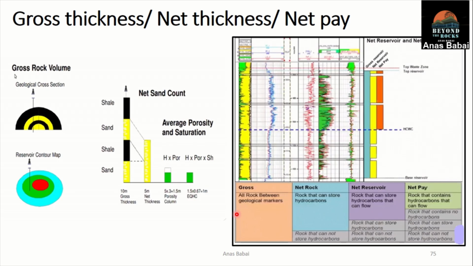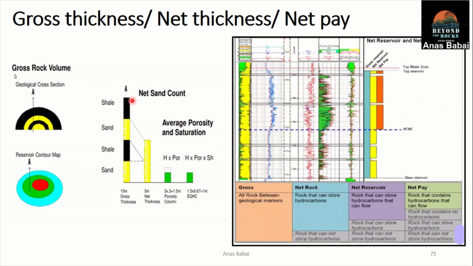This is the gross thickness, or the gross reservoir. When we go to the net reservoir, which is the rock that can contain hydrocarbon, which has both porosity and permeability, in this interval we are only talking about the sand interval.